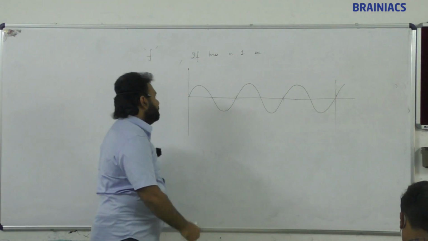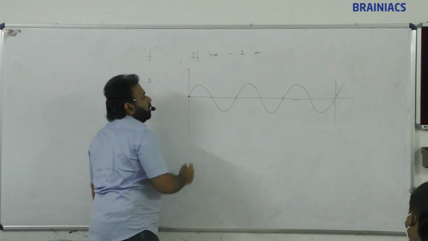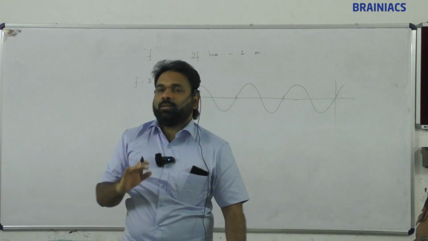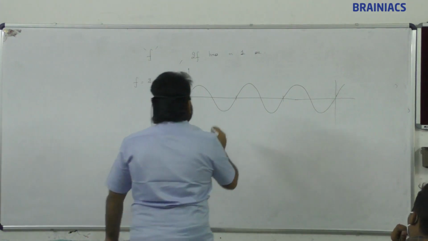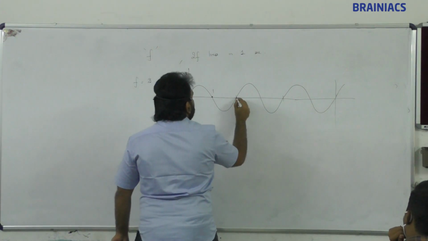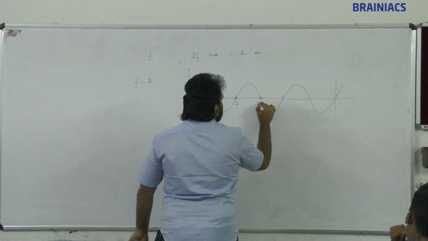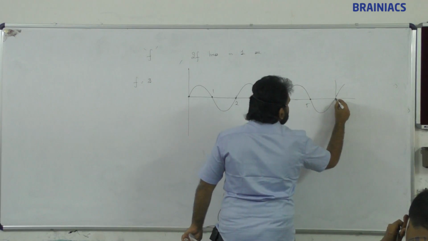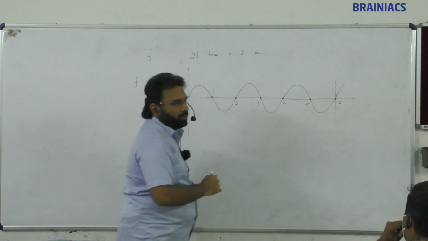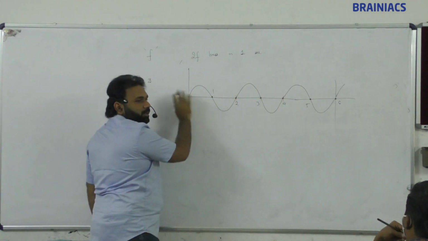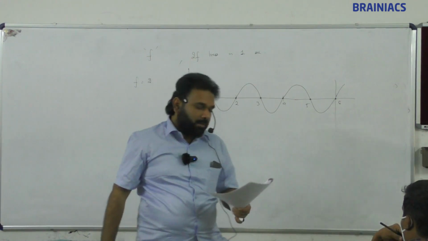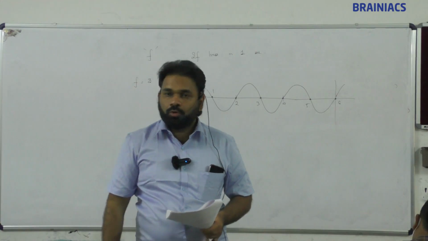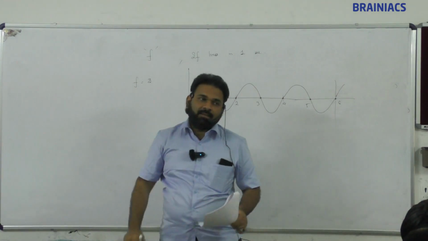Now starting from here, what is being asked is how many times the signal becomes 0. Just see, this is 1, 2, 3, 4, 5, 6. So starting from here, you need not consider this. Statement is, if frequency of AC is F, then it becomes 0, 2f times in 1 second.